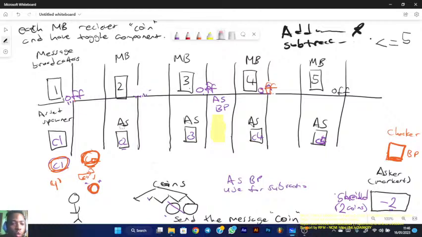That message 1 will turn this on because you have 1 coin, and that message 1 will delete the asset spawner basic platform and spawn it where it is supposed to be.